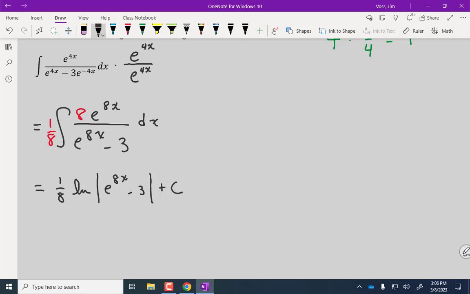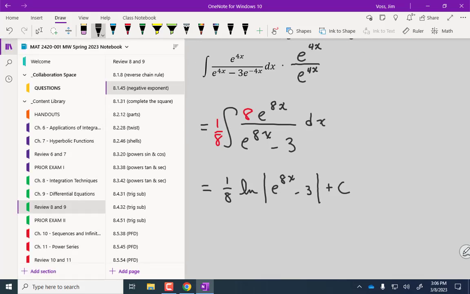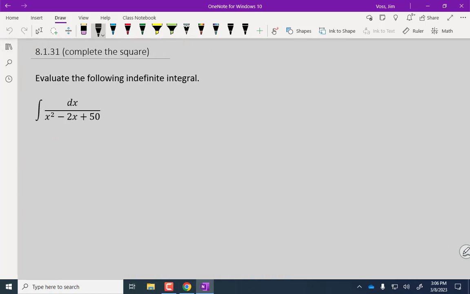What would you let u equal? It'd be e to the 8x minus 3, right? Correct. So we'll let u be the denominator, take the derivative, substitute it in, and we'll end up with the same thing. Absolutely. Good.